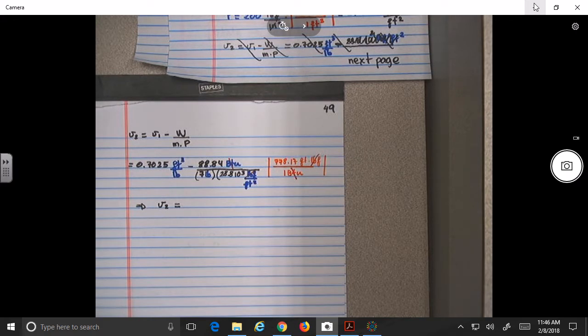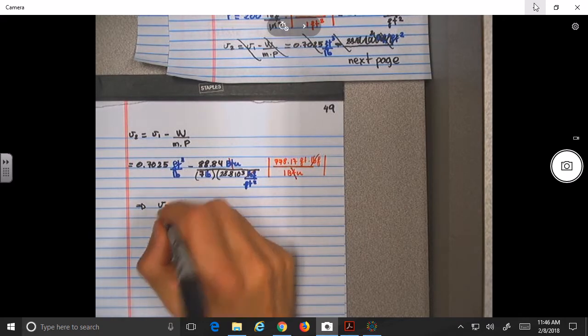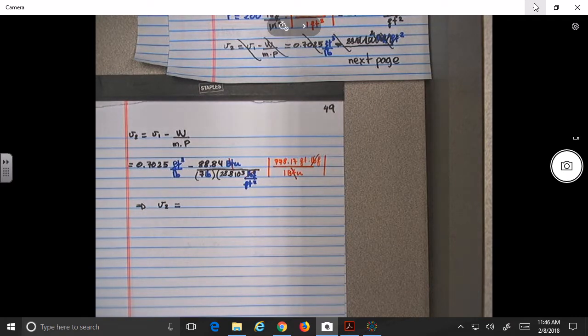So what do you get for V2? 1356, 1360. Can somebody double check? Again, same thing with the calculations.